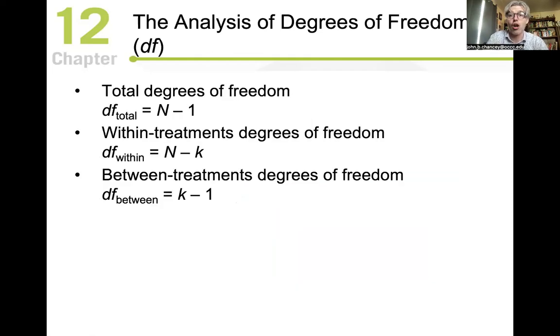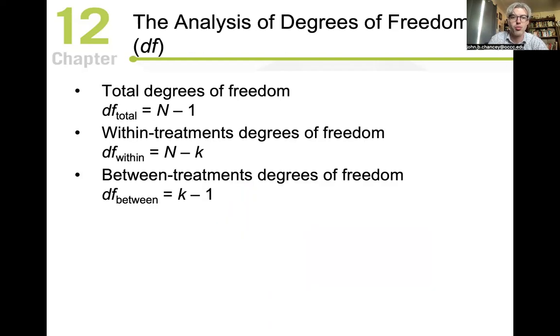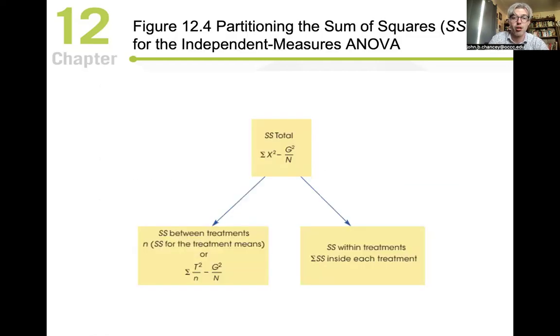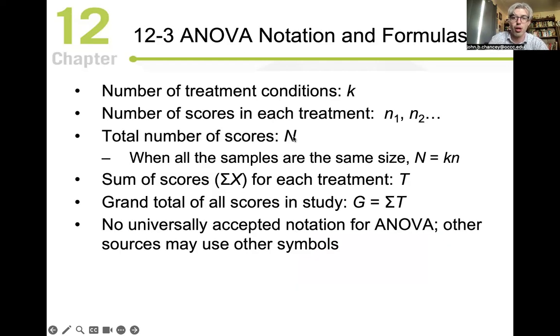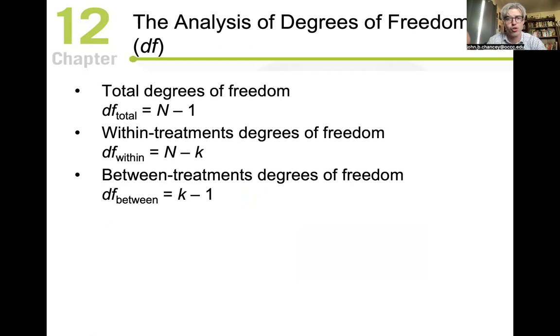So in order to find our degrees of freedom, our total degrees of freedom, remember we need total. Total is going to be n minus 1. Remember, n is our total number of scores. So if we have 60 participants, we're going to have 59 for total. Remember I said three conditions, 20 each. Within treatment, degrees of freedom is n minus k.